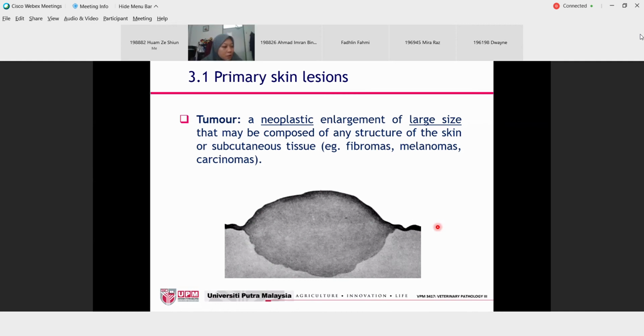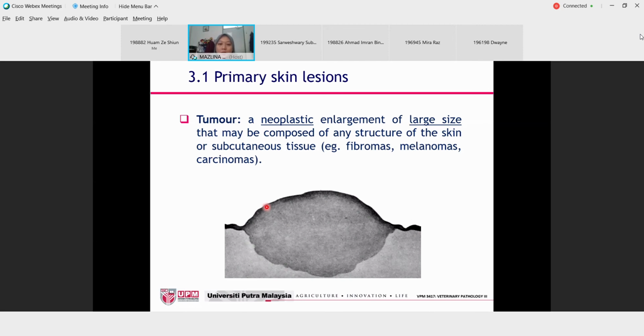Anyone? Lipoma, doctor. Yeah, lipoma or even liposarcoma, very good. So fibroma is due to the fibrous connective tissue or fibroblast. Melanoma is associated with the melanocyte or melanin pigment, right? Carcinoma could be anything, maybe like squamous cell carcinoma, right?